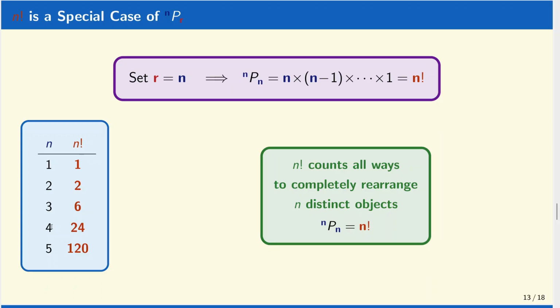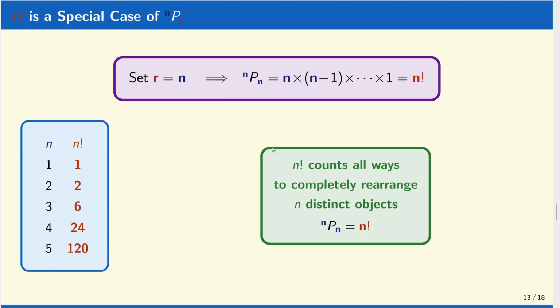If n is 4, 4 factorial is 4 times 3 times 2 times 1, giving us 24. And if n is 5, 5 factorial is 5 times 4 times 3 times 2 times 1, which equals 120. Notice how quickly the numbers grow.